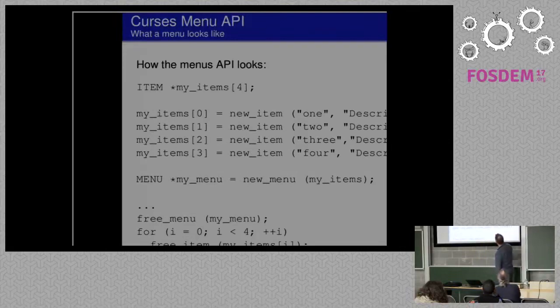You have to create an array of items, populate that array with a name and description, create the menu, do whatever you want with the menu, and when you've finished, it's your responsibility to free that menu. And the lines that you can't see down here, you've then got to free the items if you don't want it to leak memory.